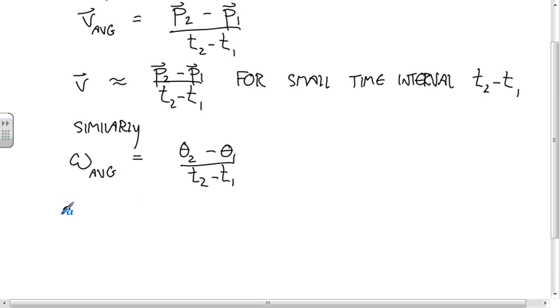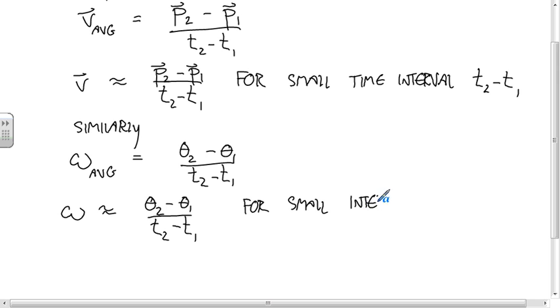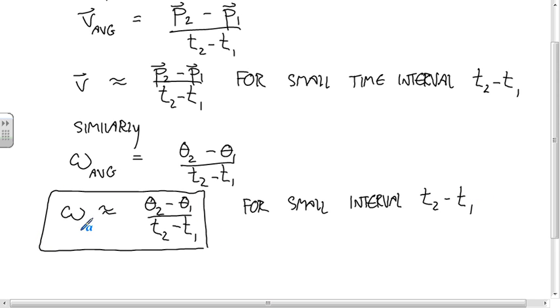And then to define the instantaneous angular velocity, that's just an approximation of this same equation as that time interval gets small. And this is the one that we're going to deal with, instantaneous angular velocity.